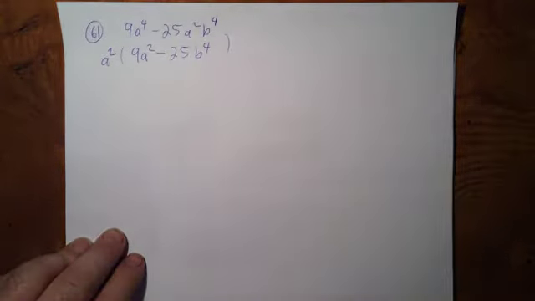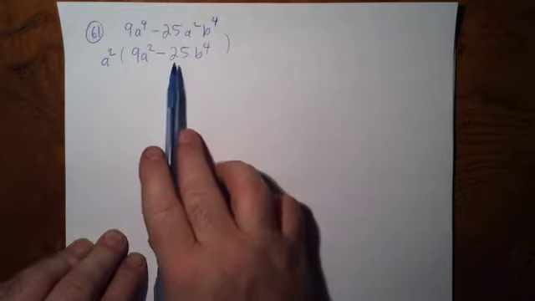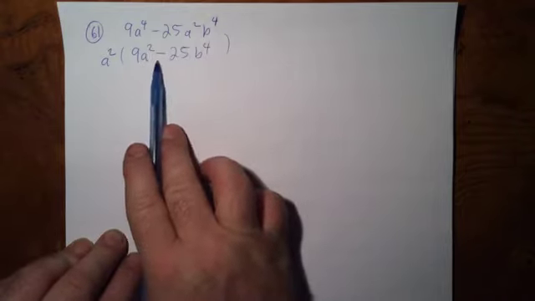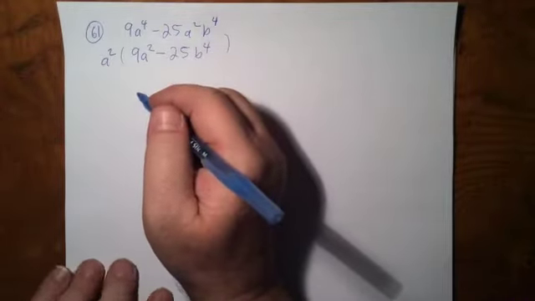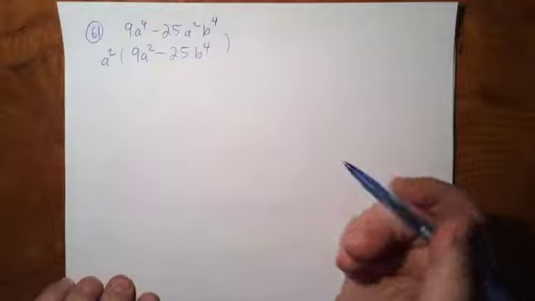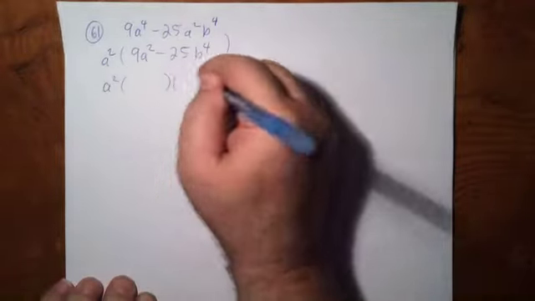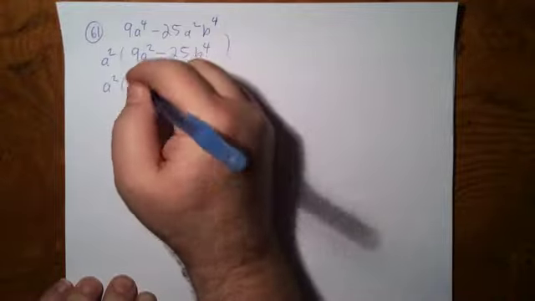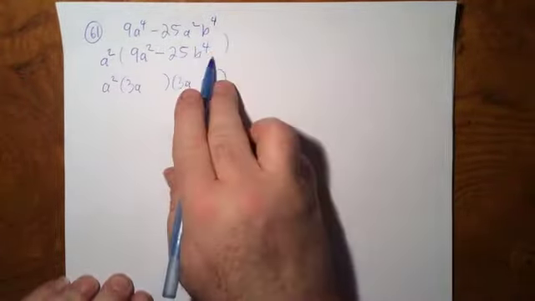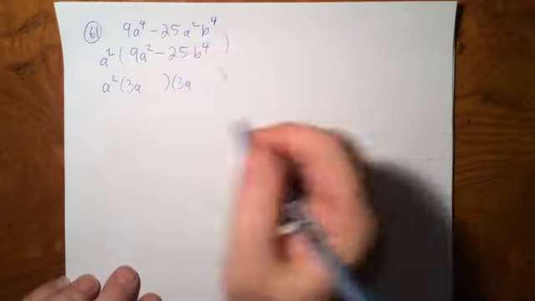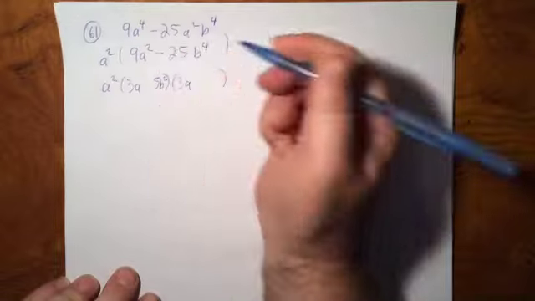The only difference being instead of 9x squared minus 25, we have 9a squared minus 25b to the fourth. So when we're looking at using the formula for this one, the square root of 9a squared is going to be 3a, and the square root of 25b to the fourth is going to be 5b squared.